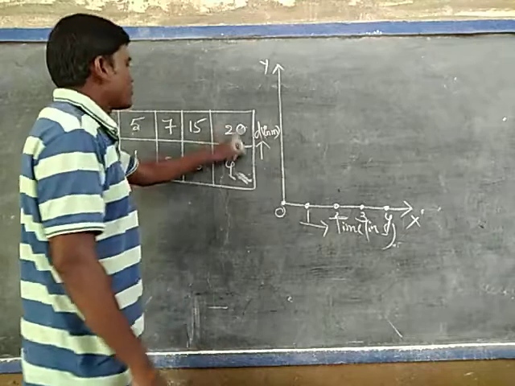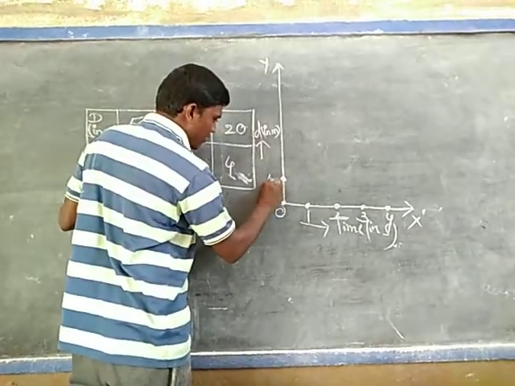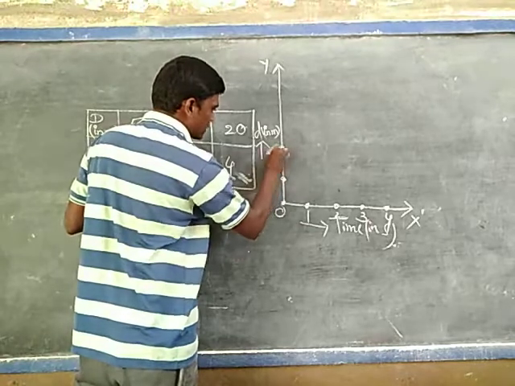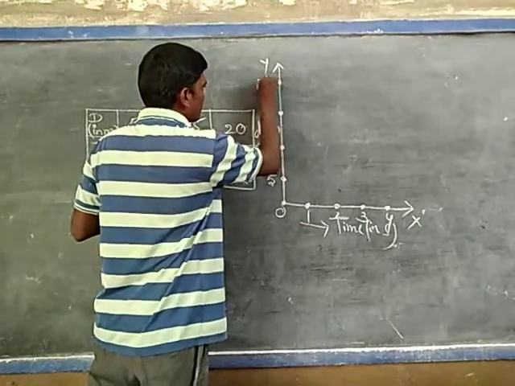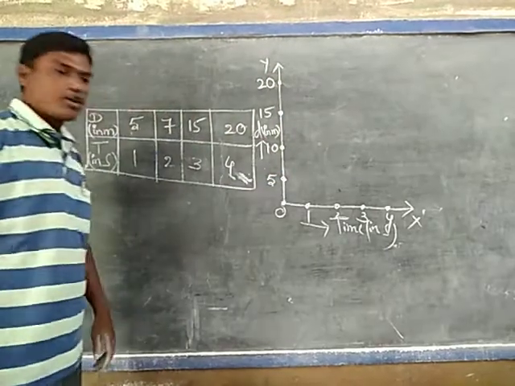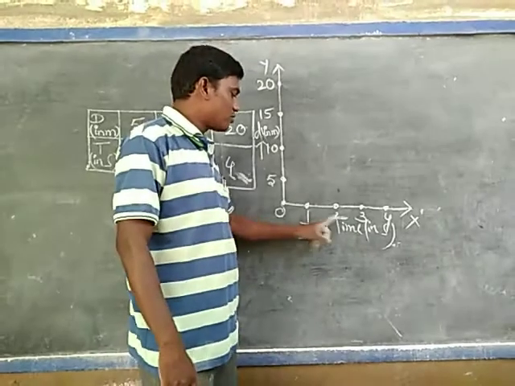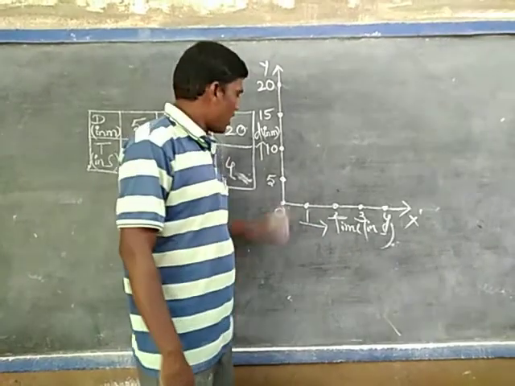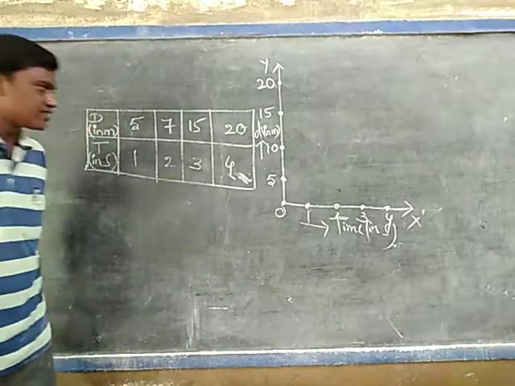So from 0 to 20 we consider the values. Here 5, here 10, here 15, here 20. That's how we can take the units. On the x-axis 1 unit is equal to 1 second. On the y-axis 1 unit is equal to 5 meters.